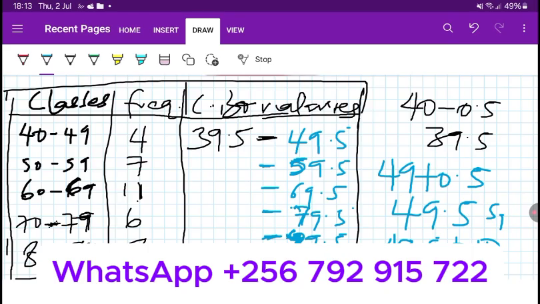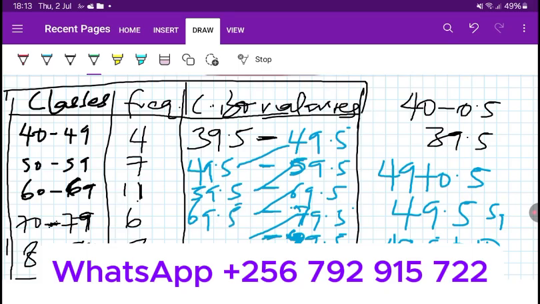Then we said we just transfer this value. This one, we take it this side. This one, and this one. That's what we said we do. So we take those values. So this is 49.5. This is 59.5. This is 69.5. This is 79.5.